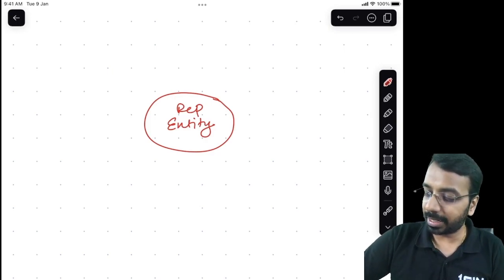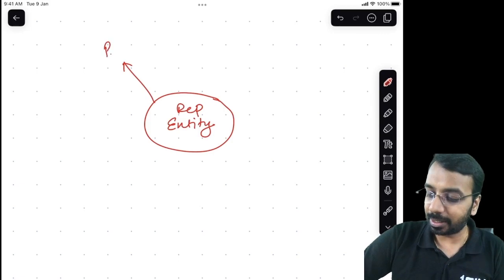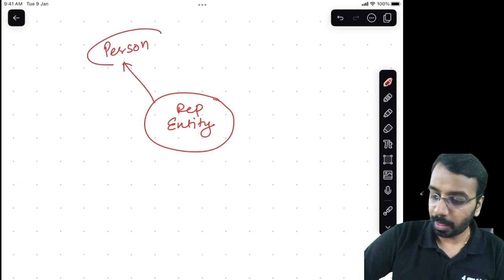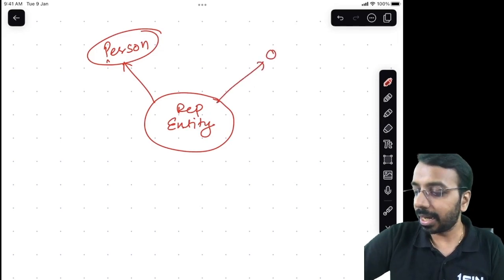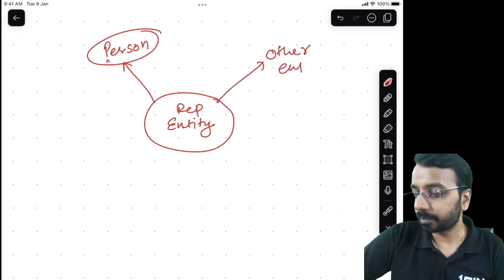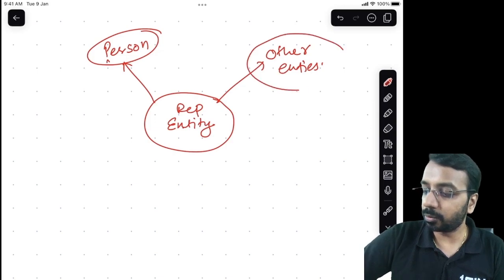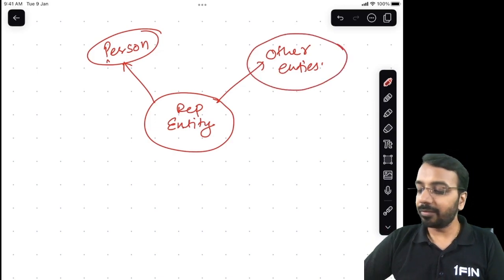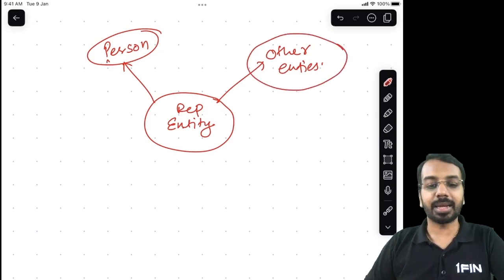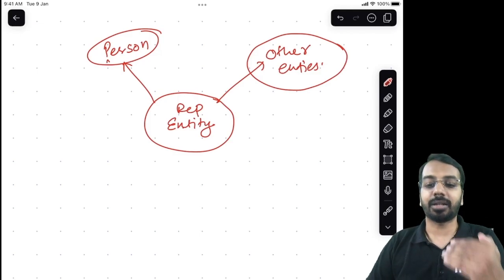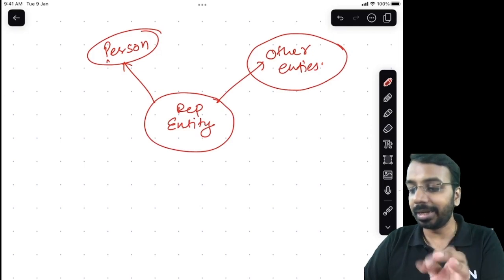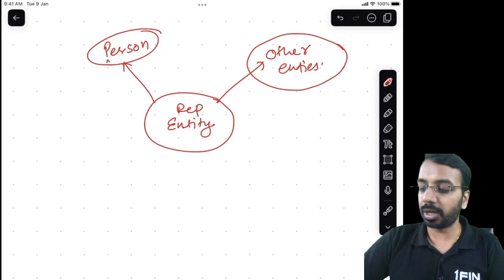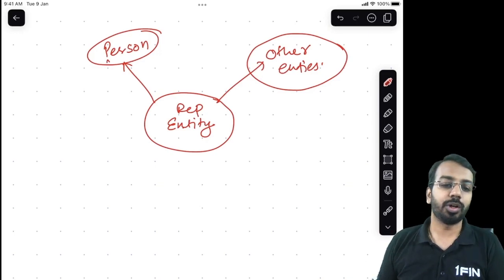Now this reporting entity is either related to a person, or this person is related to the reporting entity, or there are other entities who are related to this reporting entity. And whenever there is a relationship that exists, then there are some kinds of disclosures that are required. Okay, so on one side we have a person relationship, on the second side we have an entity relationship. So person to reporting entity and other entities to reporting entity.